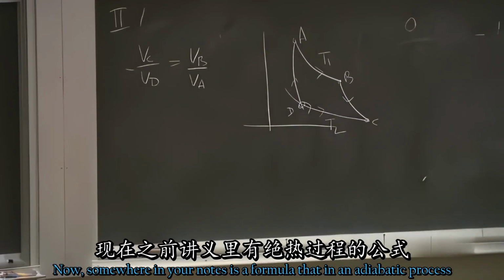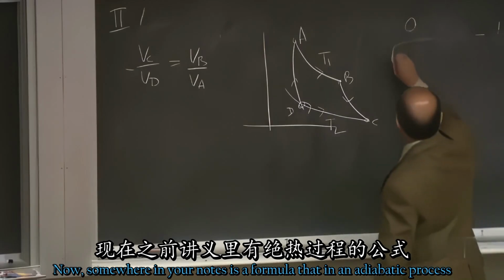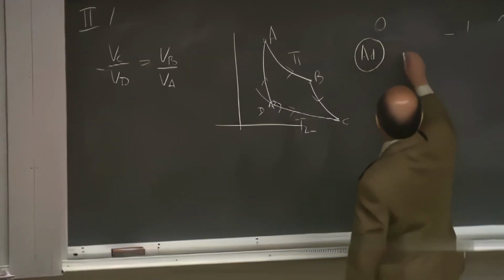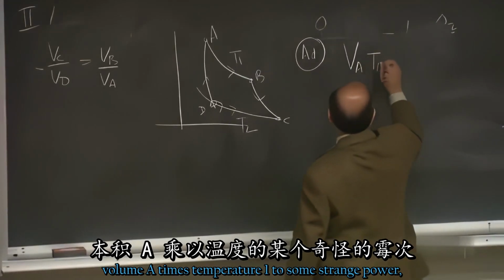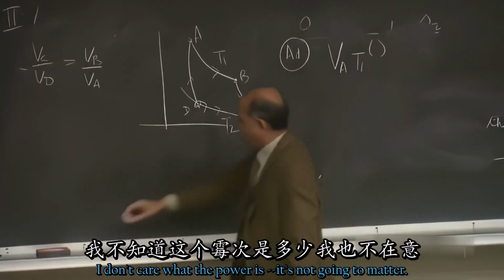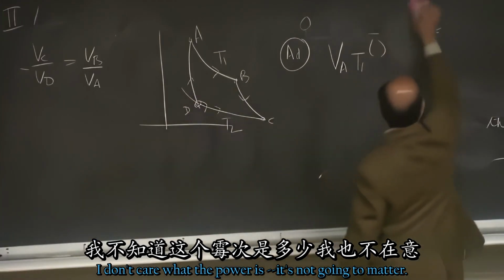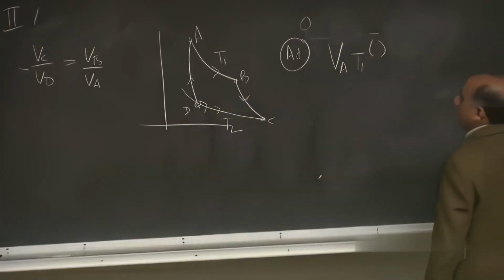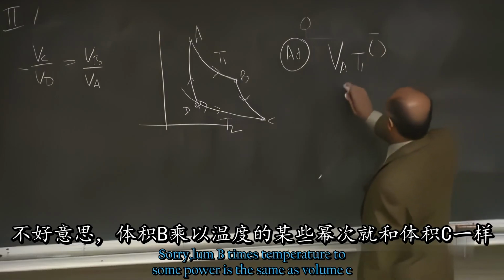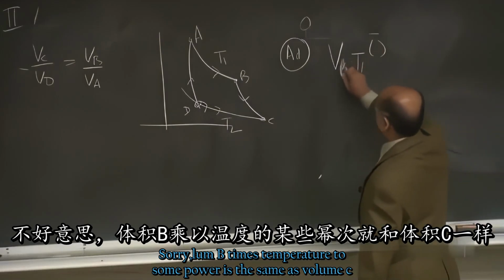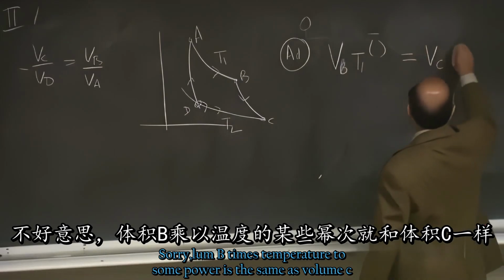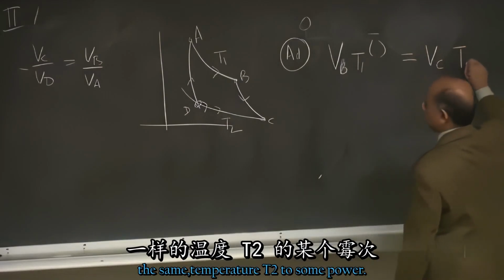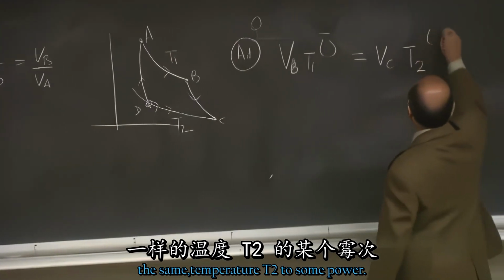Now, somewhere in your notes is the formula that in an adiabatic process, volume A times temperature T1 to some strange power, I don't care what the power is, it's not going to matter, is the same as volume B times temperature to some power, the same as volume C, the same temperature T2 to some power.